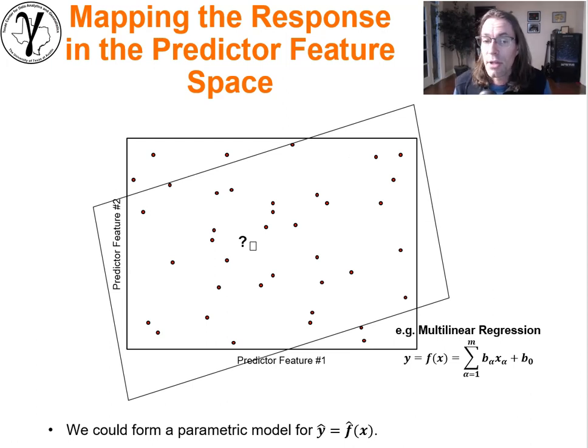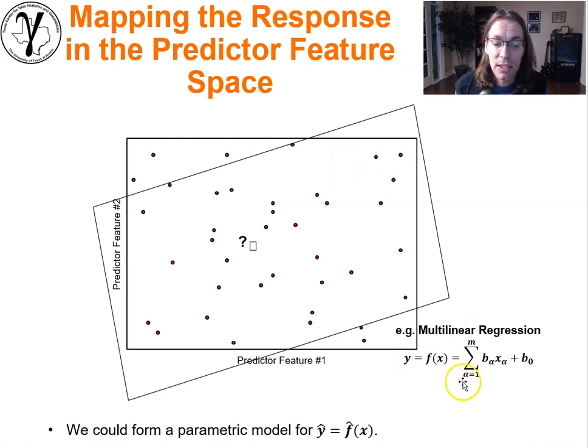Now we could use some type of parametric form, and we already covered the idea of linear regression. Effectively what we were doing was fitting a plane or a hyperplane to the training data so that at all locations I could project the combination of predictor features onto the hyperplane and say, all right, what is the response feature?